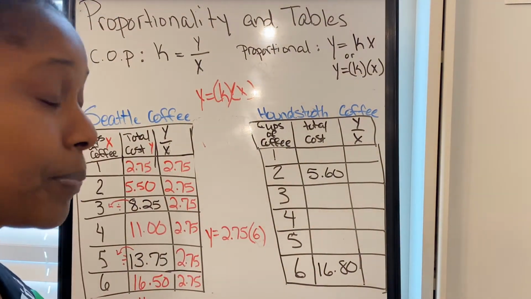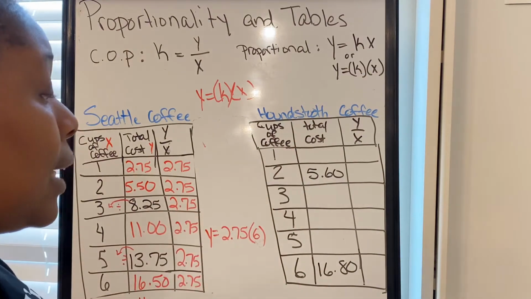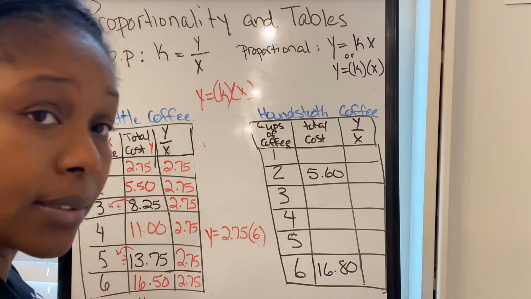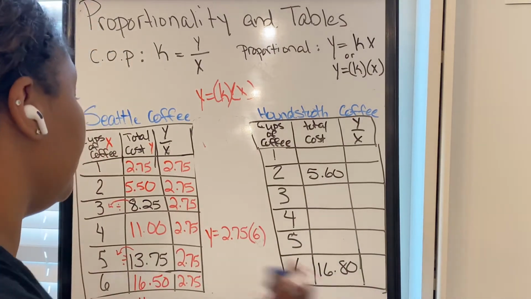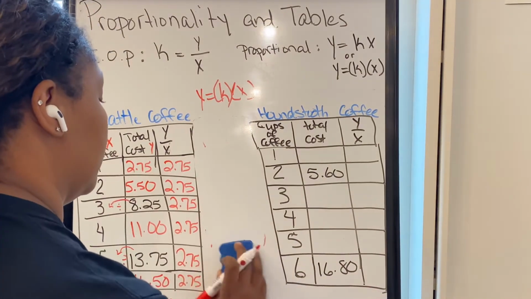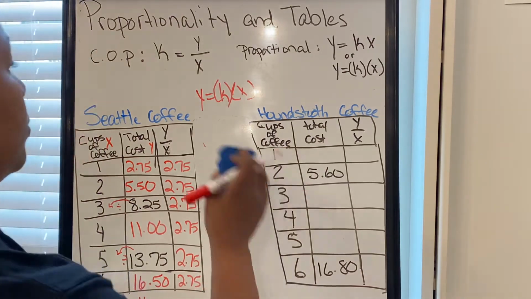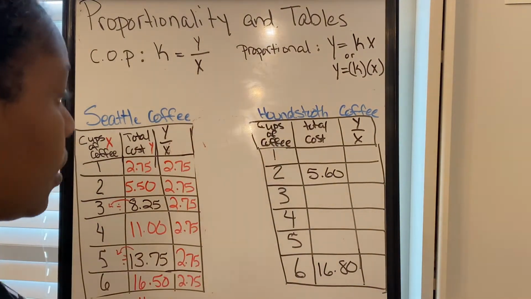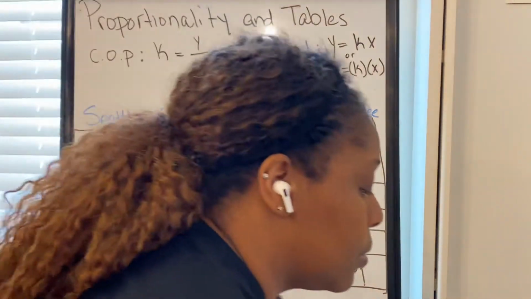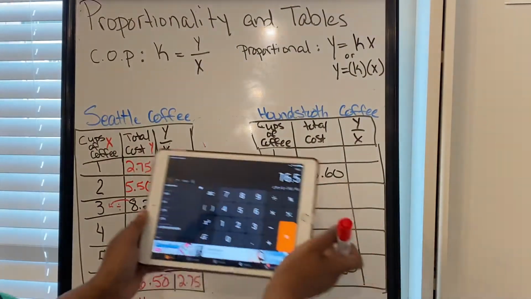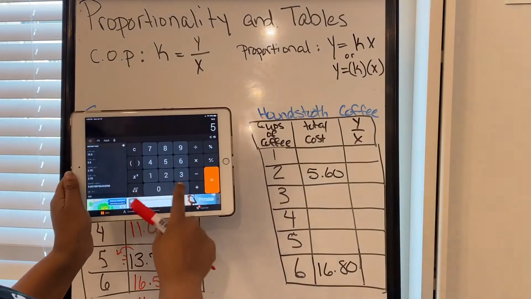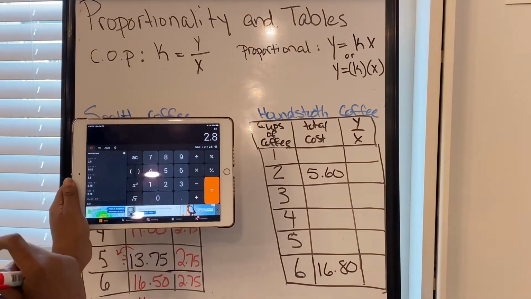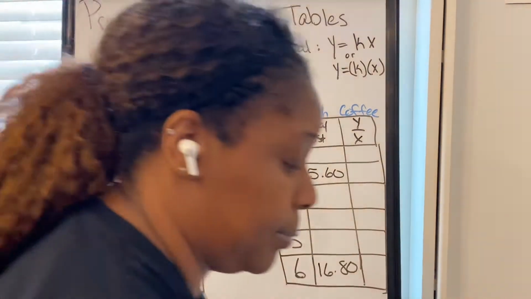That's all you do. Over here, I'm going to do the exact same thing. I'm going to look at this, and I'm going to divide it by this. So when I do $5.60 divided by 2, I get $2.80.